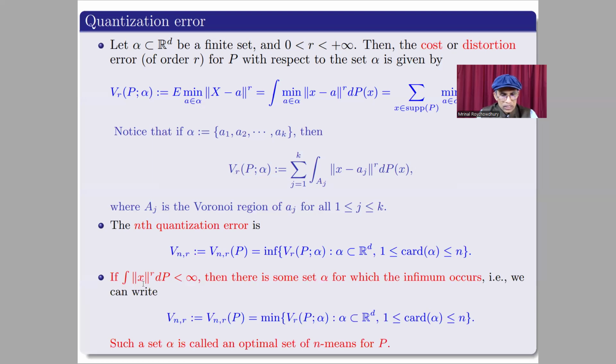We always assume the rth moment is finite. Then there is some set alpha for which the infimum occurs. That is, we can write this expression as minimum, because when alpha exists, the infimum becomes the minimum, as you can see in any analysis book. Such a set alpha for which the infimum is attained is called an optimal set of n means for P.